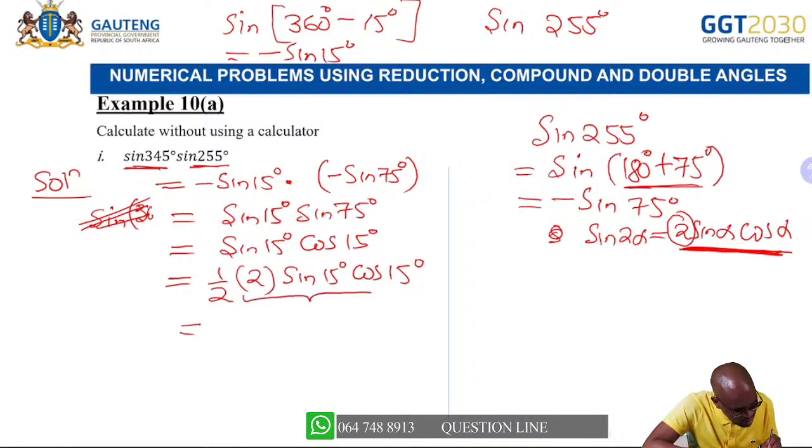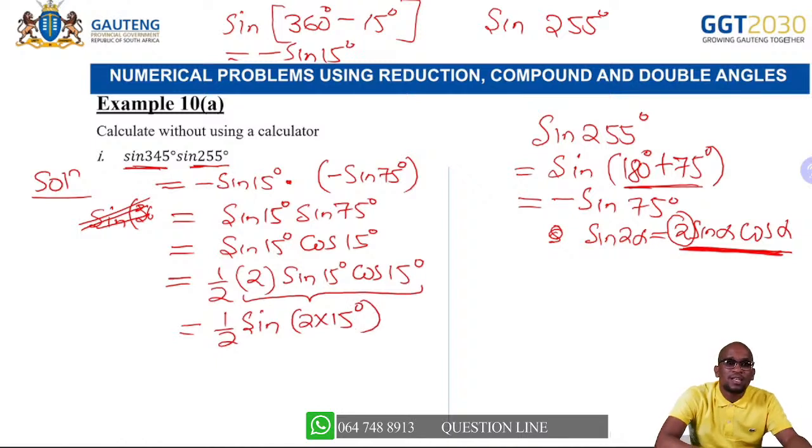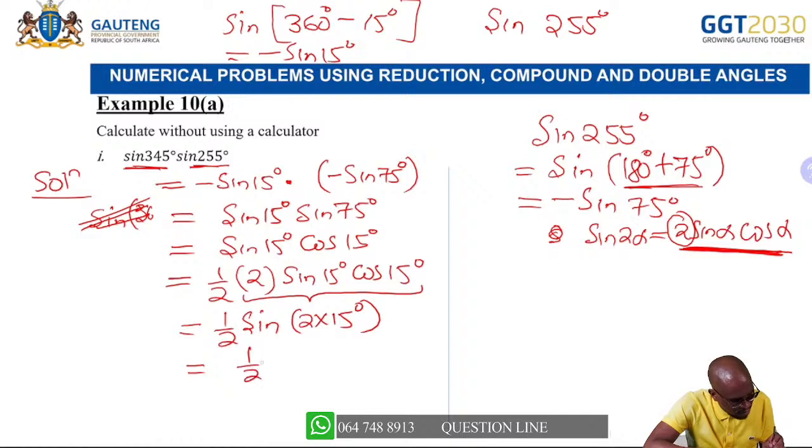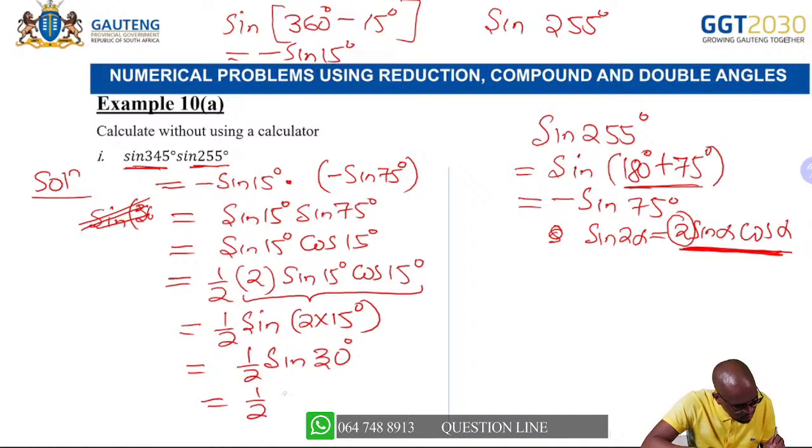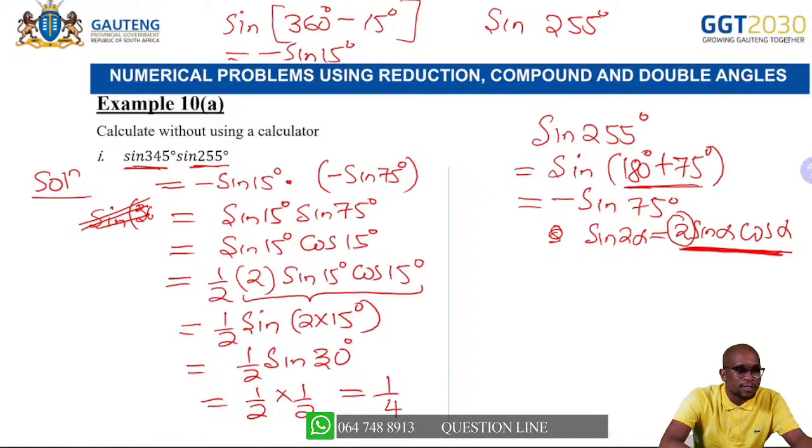But we know that this part, 2 sine 15 cos 15, gives us the sine of 2 times 15. That is the double angle. So this would be half the sine of 30. The sine of 30 should also be half. So this would be half times a half. This would be 1/4. So that is how you basically approach that one.